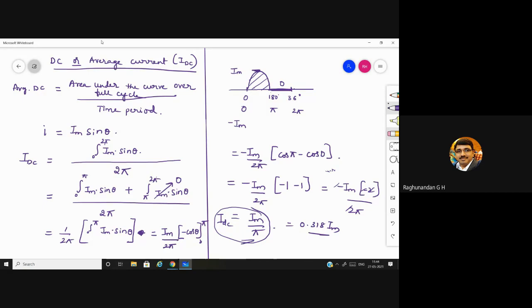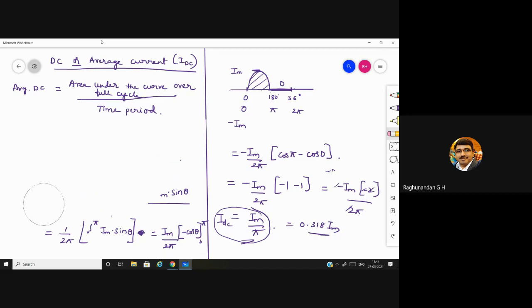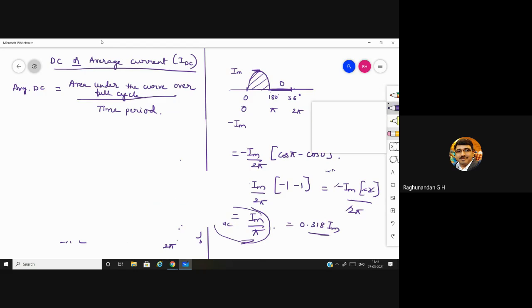In the same way, if you have found the DC current, you can find the DC voltage also. Rewrite the DC voltage according to Ohm's law. We know VDC is equal to IDC into RL.